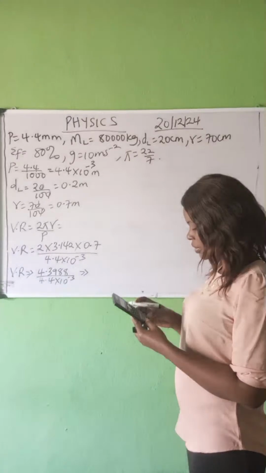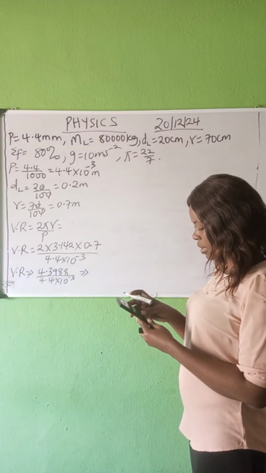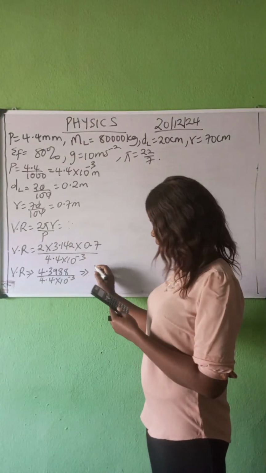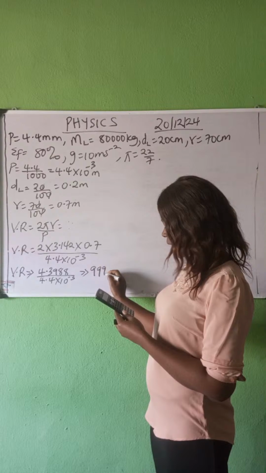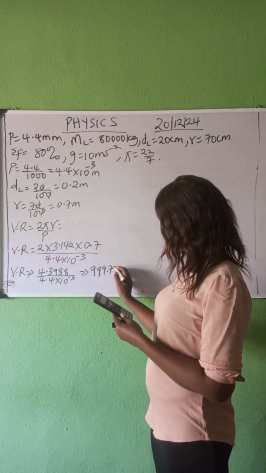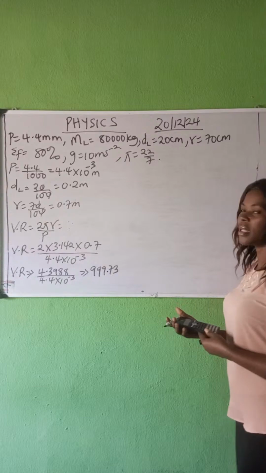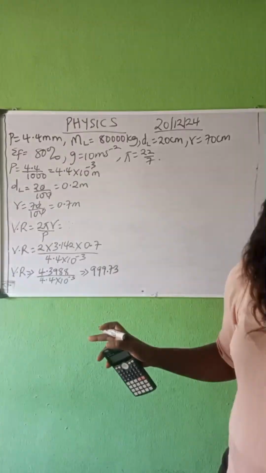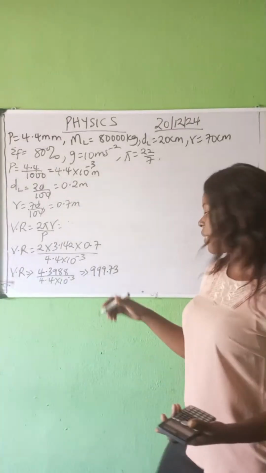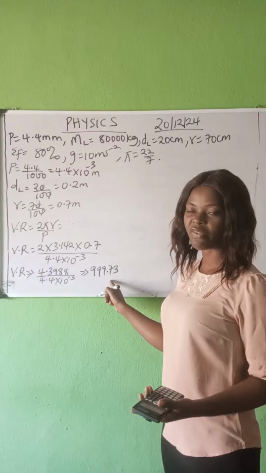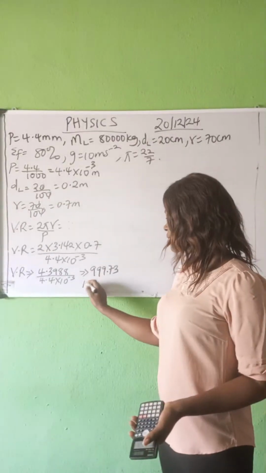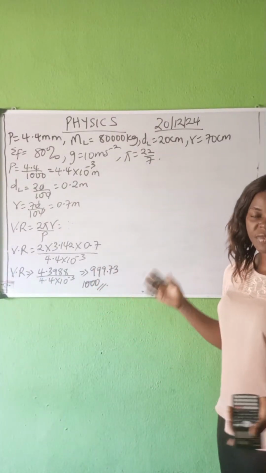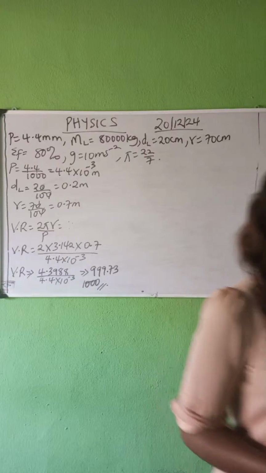I will have 999.73. We can round it up to a whole number because this 7 is above 5. Add it here, make it 1000. So I have the velocity ratio to be 1000. I hope that is clear. Is that clear? Okay.